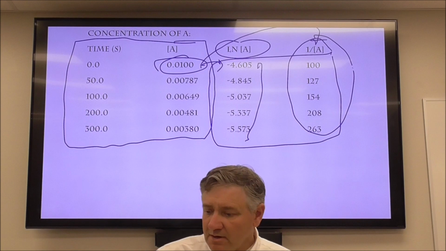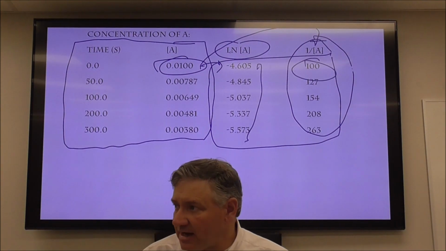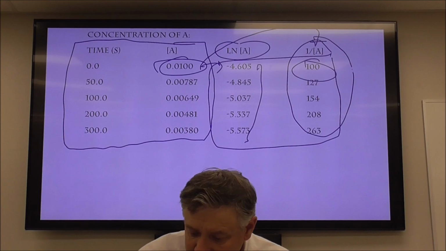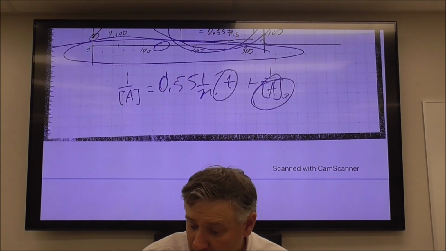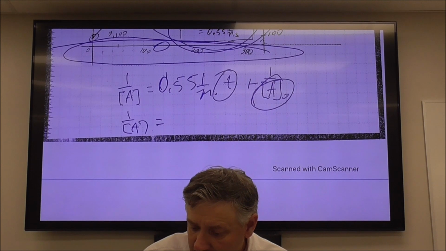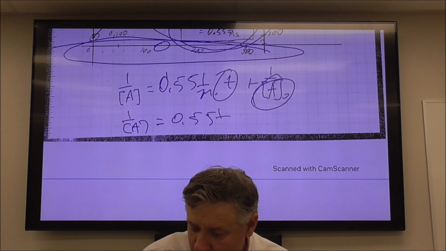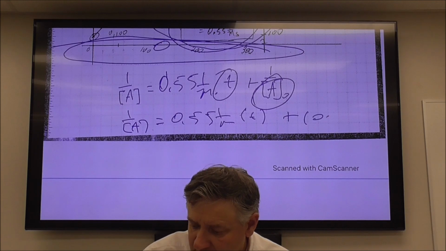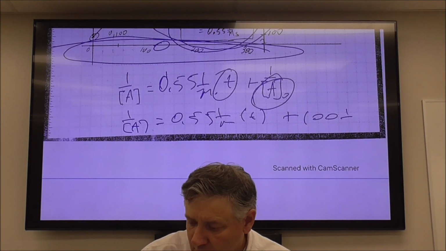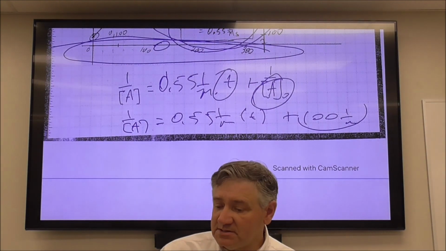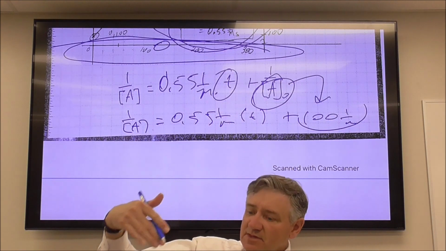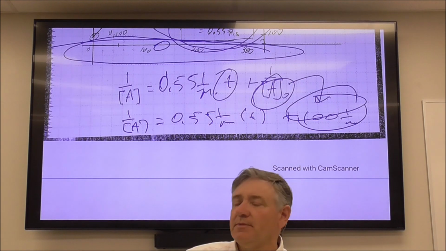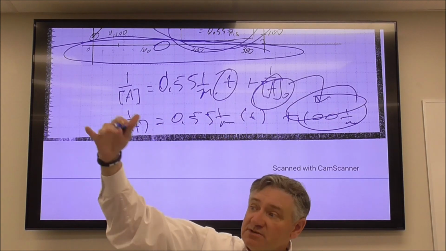That's 0.01, which, when I take the inverse of that, is going to be 100. Okay? So now that I have that information, I could also write this as 1 over A equals 0.55, 1 over molarity seconds, times t, plus 100, 1 over molarity. Okay? I could do it that way. So if you actually want to have what that y-intercept is, once you take the inverse of it, boom, there you go. So you can do a whole bunch of different things with this.